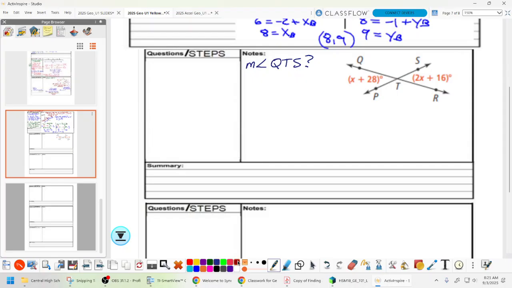So use the correct geometry relationship, in this case the vertical angles theorem, to set up and solve for x. Okay, so these are vertical angles.